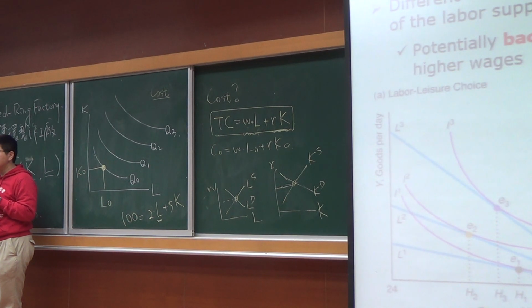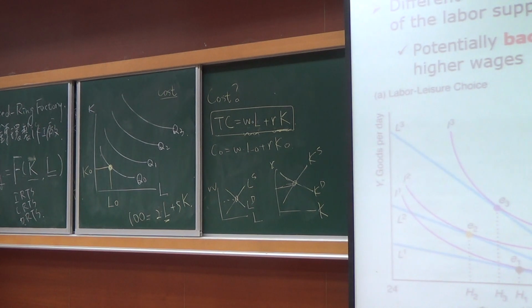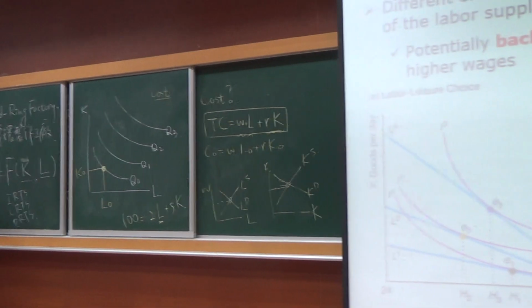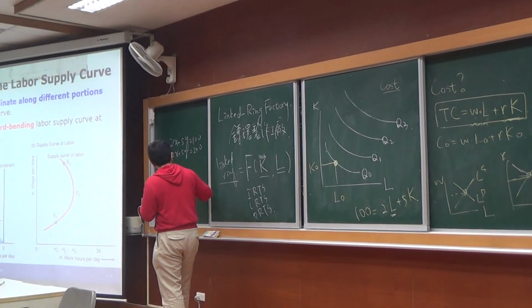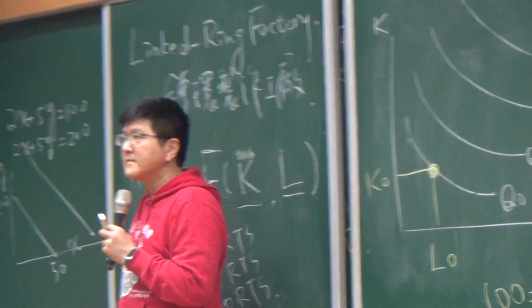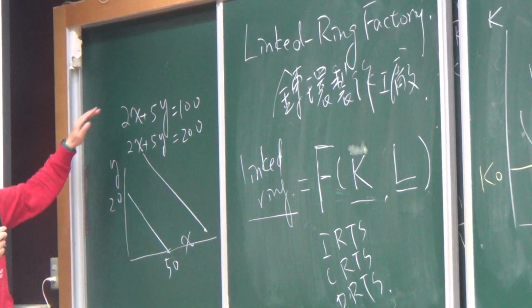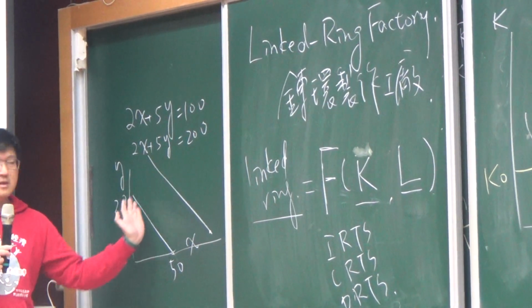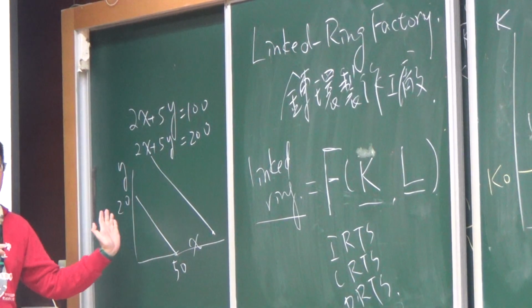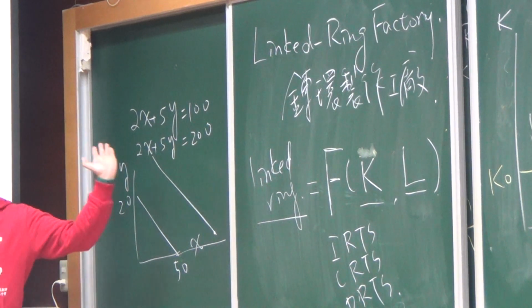Is that clear? And what about 2x plus 5y equals 200? It will be doubled, right? So, either the first one or the second one, we call this a cost line. It's a straight line.